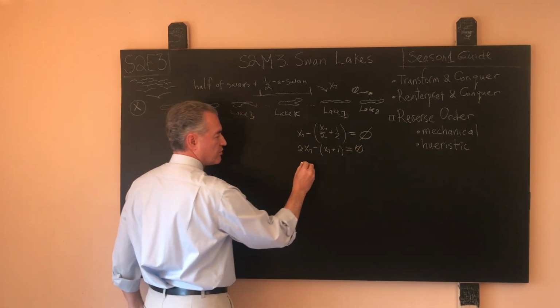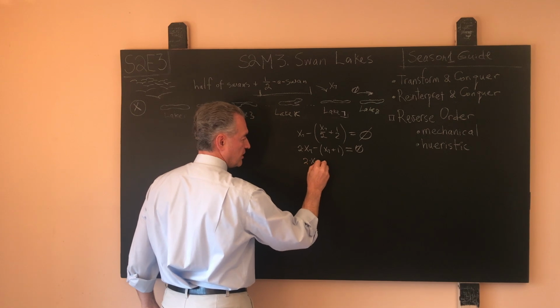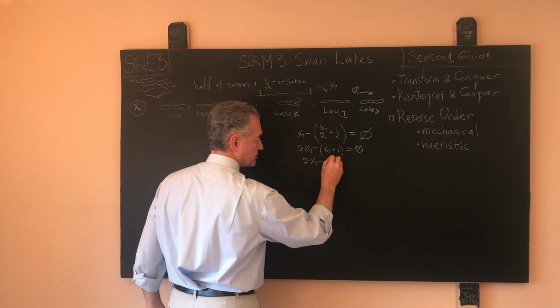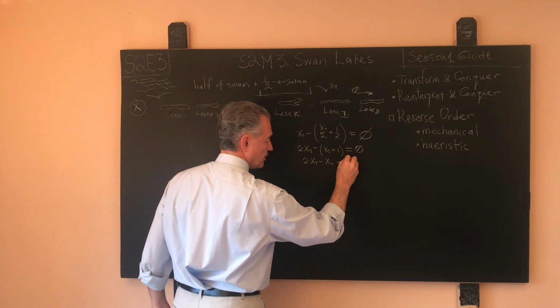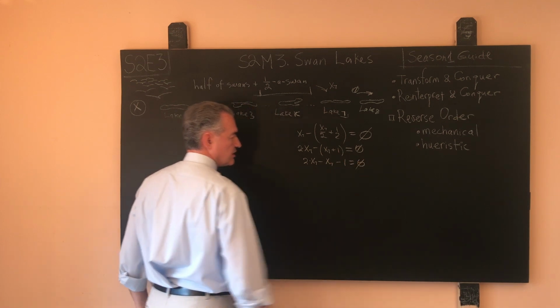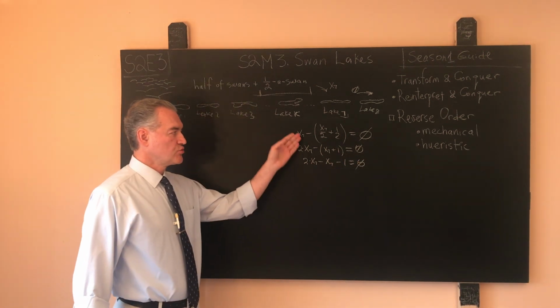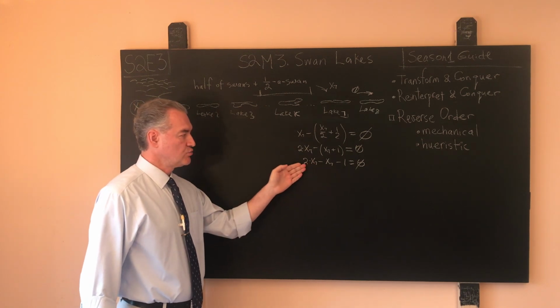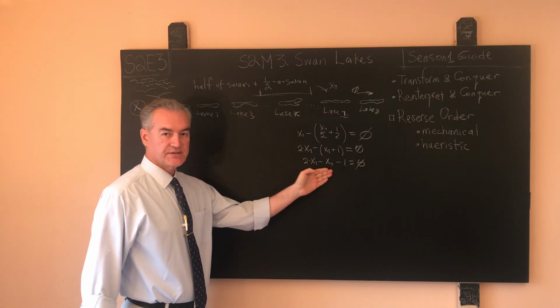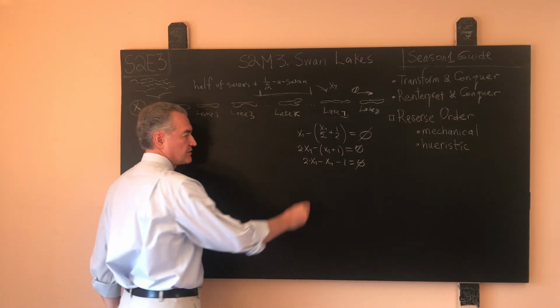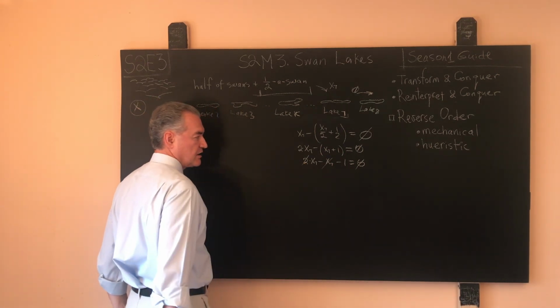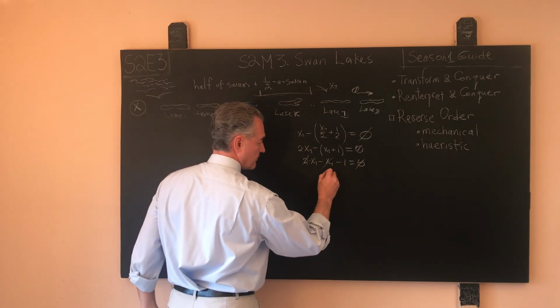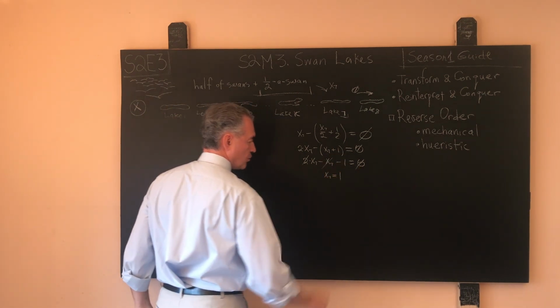We open up the parentheses: 2 times x sub 7 minus x sub 7 minus 1 equals 0. All these maneuvers should be straightforward. And now we see that 2 copies and 1 copy of x sub 7 cancel out. So 2 is gone, this guy is gone. And what do we get? x sub 7 equals 1.